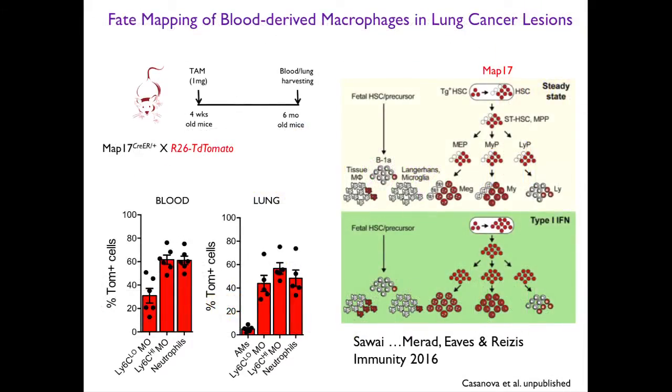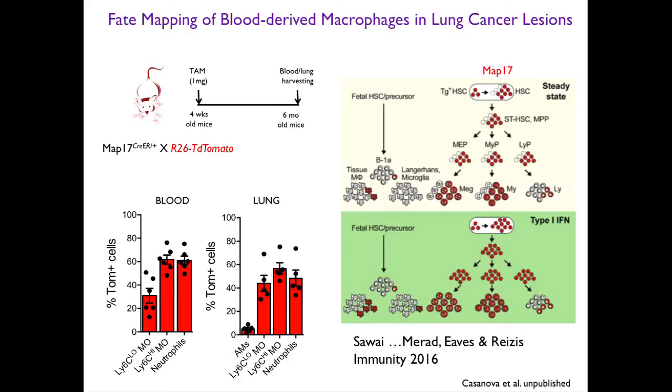To do that, we used a model that was described by Boris Reizis at NYU. Boris used this molecule called MAP17, whose function is not well understood. MAP17 is expressed in early hematopoietic stem cells.